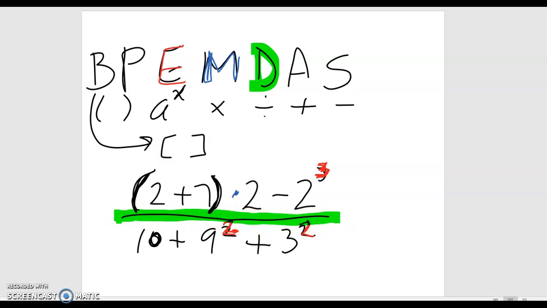Addition. Yes, I see addition. We're going to make that a darker green color. I see addition here, and I have addition here, and I have addition here. Lastly is subtraction. And I will make that a circle.